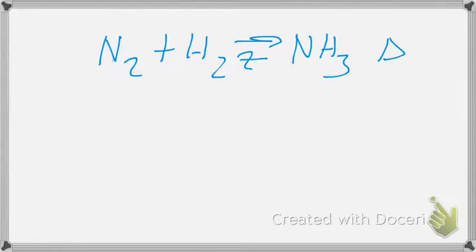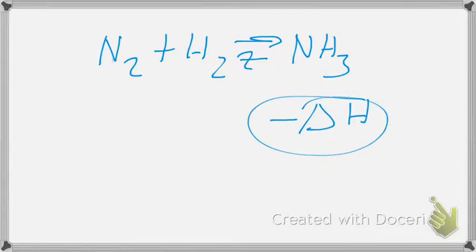Now the delta H for this reaction, I'm going to write it right here, is negative. It's exothermic in the forward direction. Okay? So that's your first telltale sign.